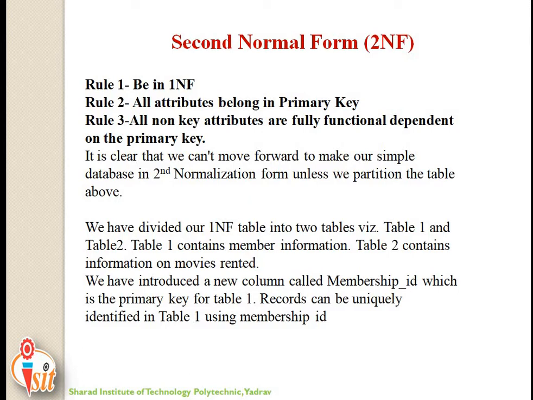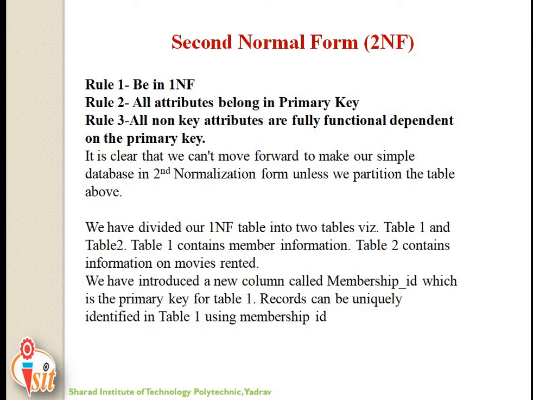There are a few conditions which you have to satisfy for the second normal form. First, the table is in first normal form. Being in first normal form means that a table in second normal form is always in first normal form.